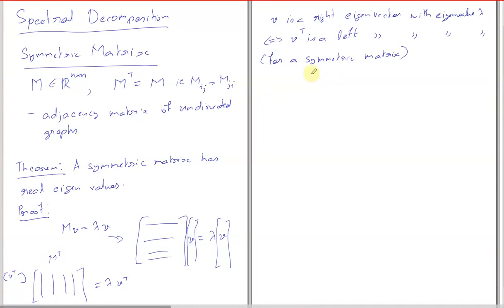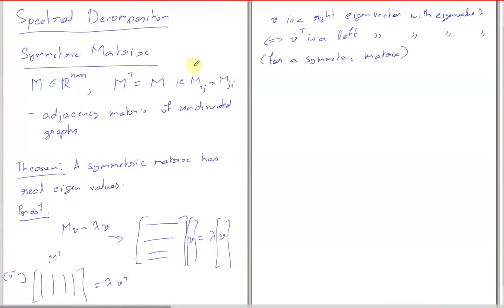Okay. So what? How can we use this? Yeah. But even for a general matrix which is not symmetric, if V is a right eigenvector of M, then V transpose would be a left eigenvector for M transpose. How do you show that?